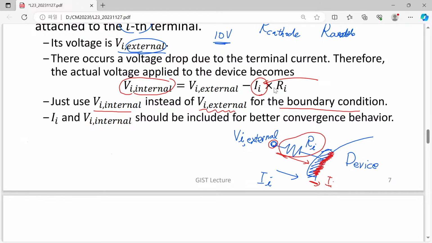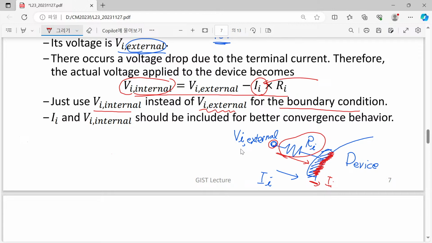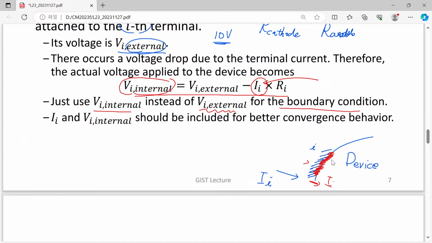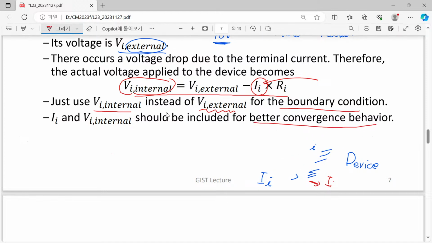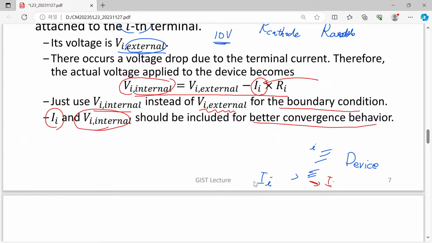If we don't consider this kind of dependence, then it is very difficult to get a converged solution. So for better convergence and reliable simulation, we have to include the terminal current and internal terminal voltage in our unknown variable vectors.